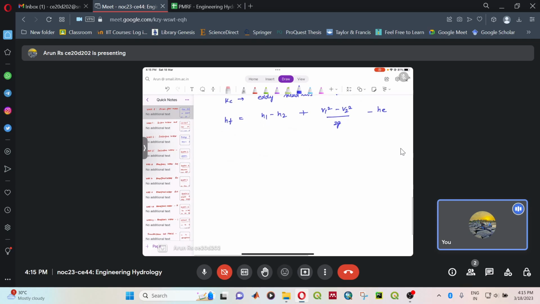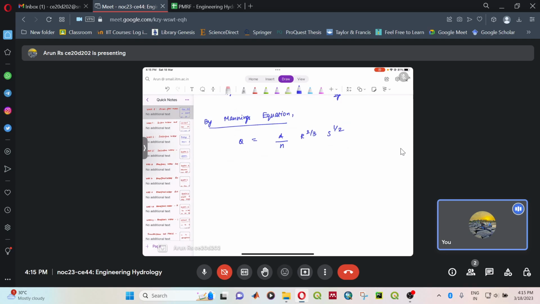And we can represent the flow rate by using Manning's formula in open channels. So by Manning's equation, we can write Q is equal to A by n into R to the power of 2 by 3 into S to the power of 1 by 2.